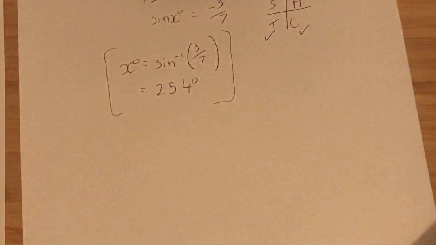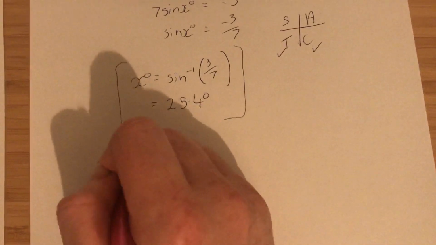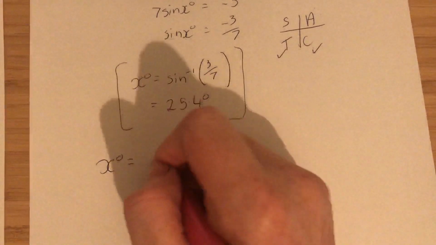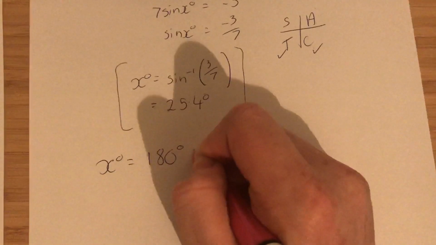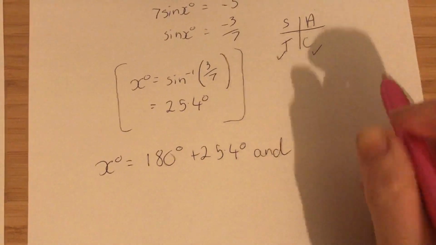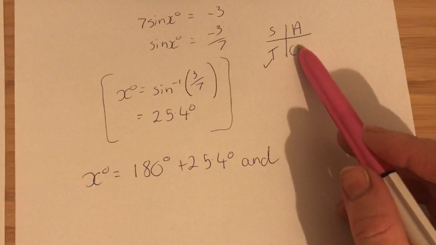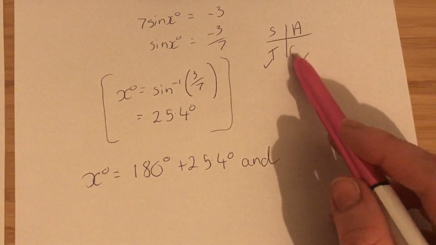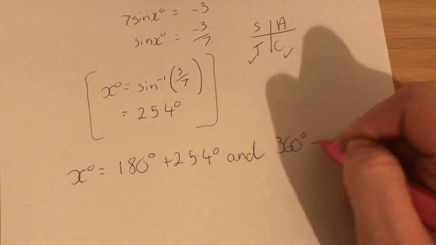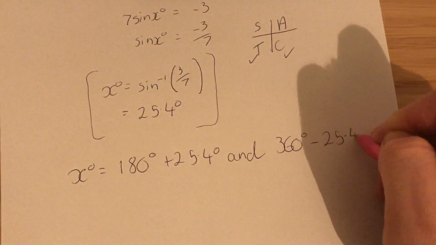But again, this is only so that we can get our real solutions. So first of all, we've got one that lies in this quadrant, which remember is 180 plus 25.4 degrees. And we haven't used this one yet. If you have to find it in this quadrant, going back to what we originally said, this is 360 degrees minus 25.4.